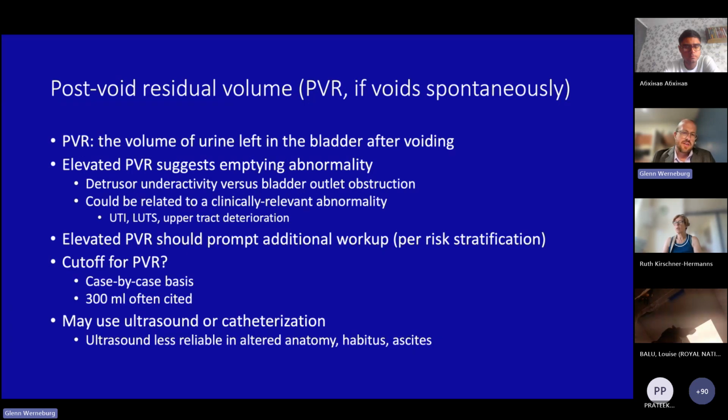If you have an ultrasound available after the patient voids, you can assess the bladder volume and the volume of urine still present in the bladder. Alternatively, after the patient voids, you can perform in and out catheterization and measure the volume of urine that comes out upon catheterization. In patients who have an altered anatomy or habitus or ascites, these ultrasound measurements will, of course, be less reliable than catheterization.